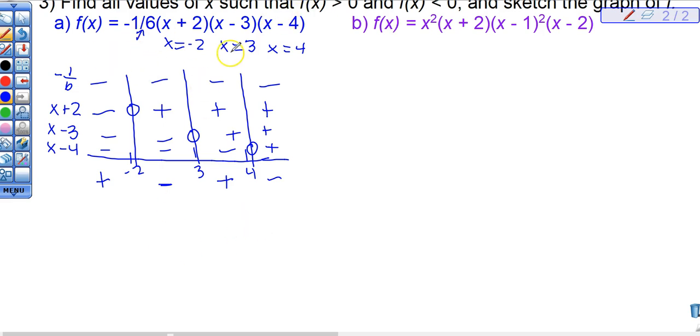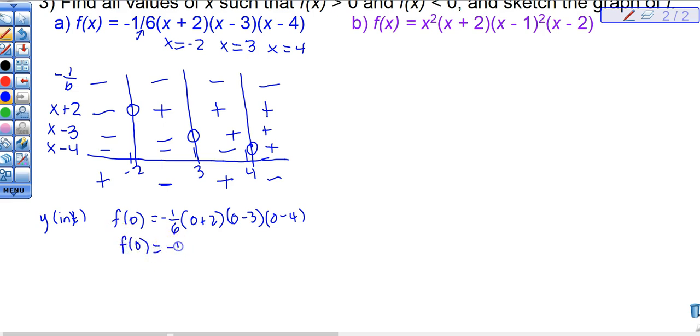One other thing I would like you to find is your y-intercept, because you can find it so quickly. We find our y-intercept by plugging in 0 for x. So we're doing -1/6 times 0 plus 2 times 0 minus 3 times 0 minus 4. So our f of 0 is -1/6 times 2 times -3 times -4.